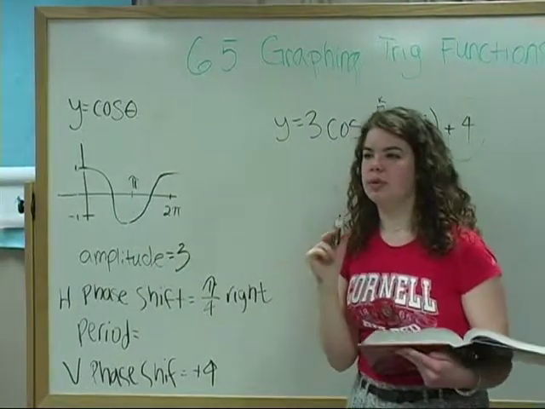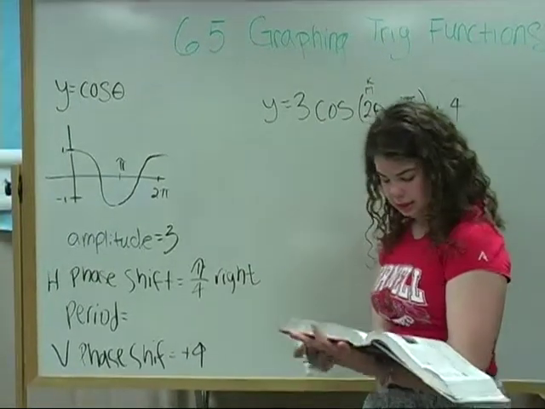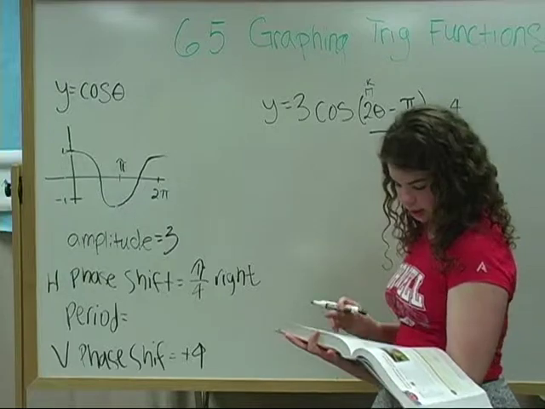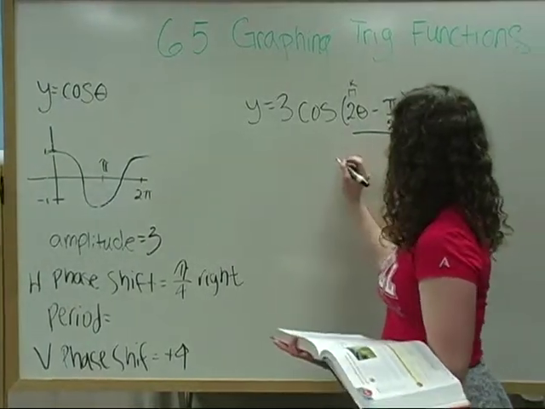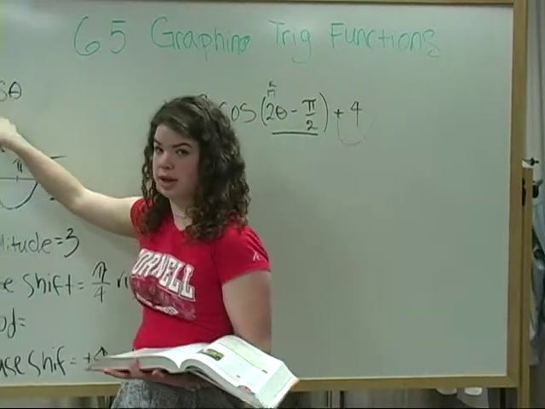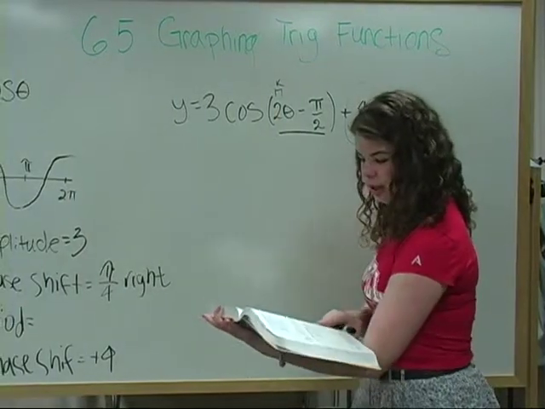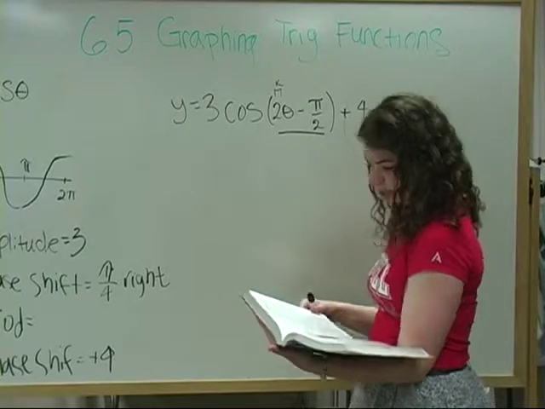Once the graph completes an entire cycle, that value is how long your period is. So y equals cosine 2 theta is changed from our original equation, y equals cosine theta.